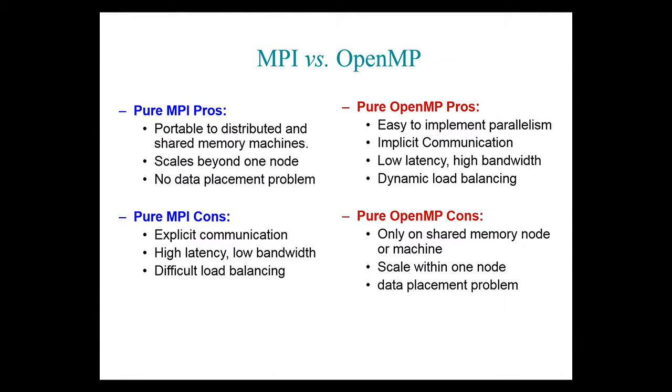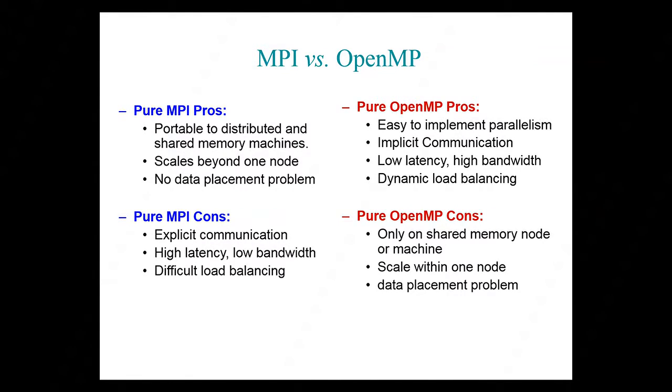On the other hand, the disadvantage of OpenMP is that it only works on shared memory systems, either a shared memory node on a cluster or a shared memory machine. So you cannot run at very large scale, because it doesn't run across nodes. That limits its usage.